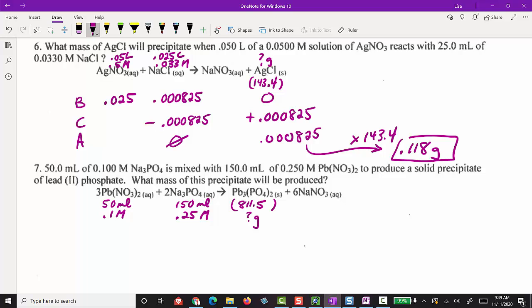Now we're ready to do our BCA. I have 0.005 here, and I have 0.0375.